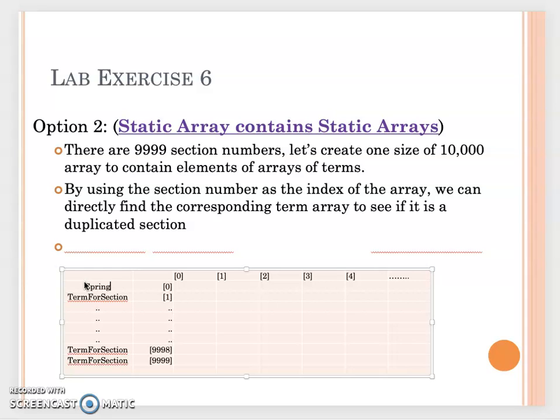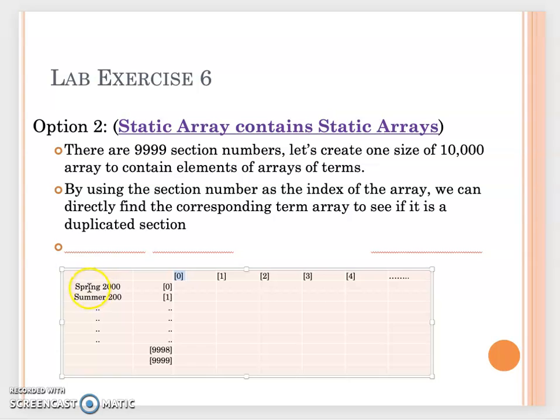Okay, so we start from spring 2000. Then your turn, you have summer 2000. So what you need to do is find a way to convert this term number to an index number. Actually this one is good.